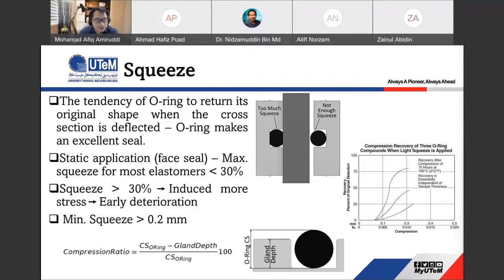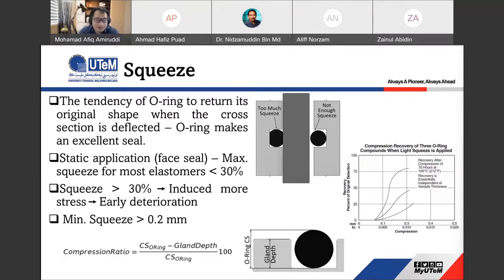If we squeeze or compress more than 30%, we induce more stress and will create early deterioration. It means that we will frequently replace the O-ring. It's not very good because the replacement cost is very high. So make sure that you don't squeeze too much, but also give a proper squeeze amount.